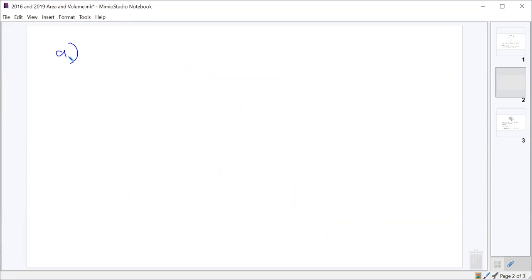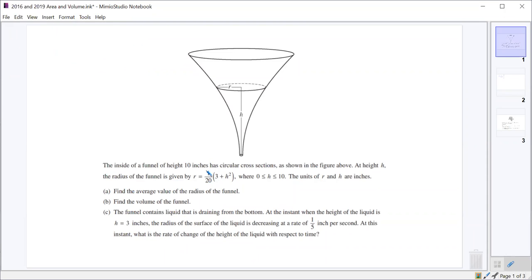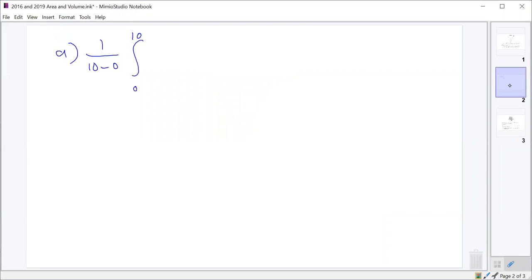So part A should just be 1 over b minus a times the integral from a to b of our function, which was 1/20th of 3 plus h squared dh.